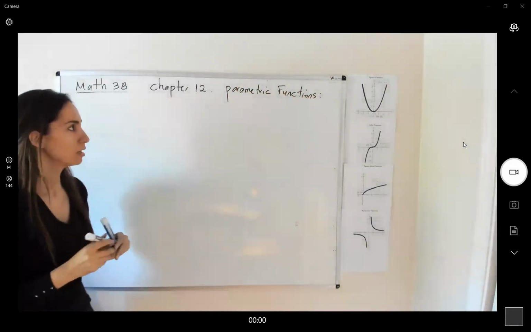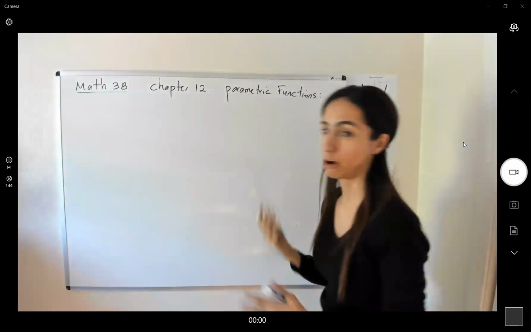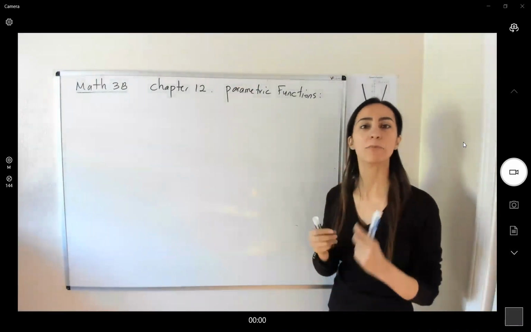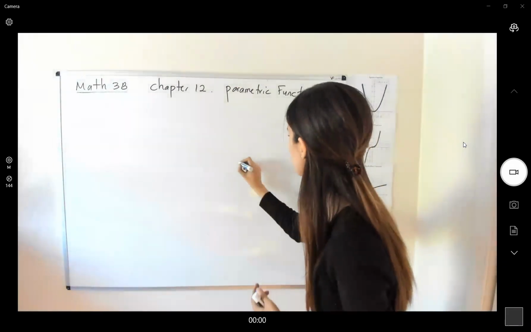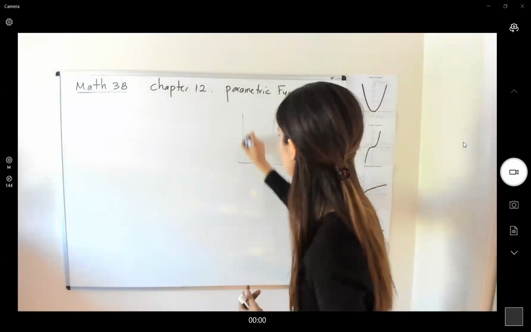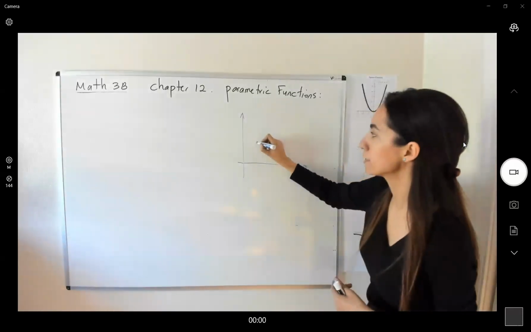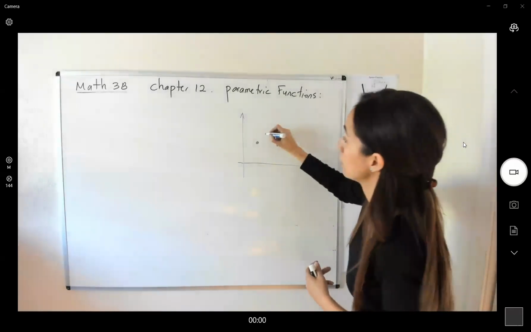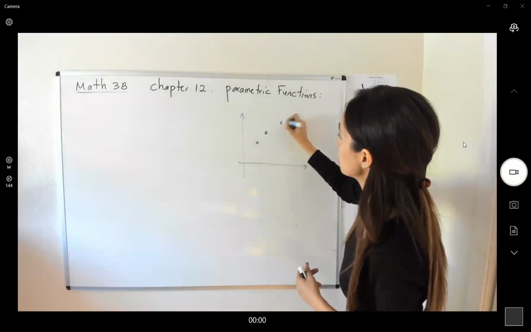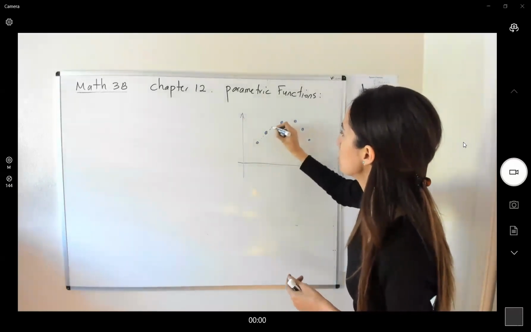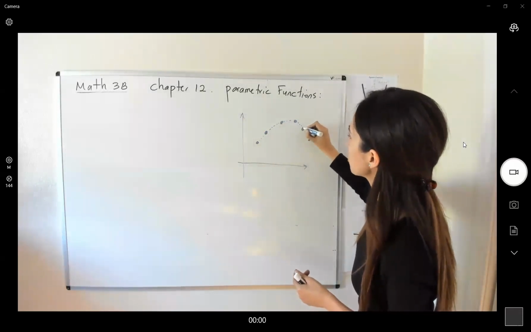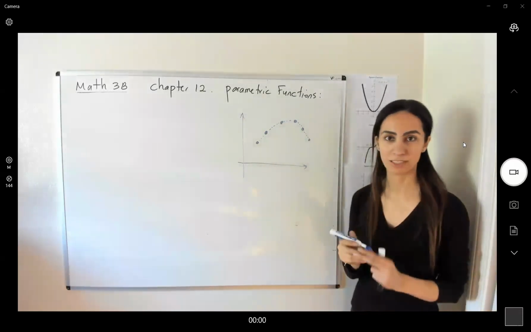Okay, so where did it come from? Suppose you have a particle, an object moving in the xy plane. Your particle is here, then it goes here, here, then moves here, and it's a continuous change of position for your particle.